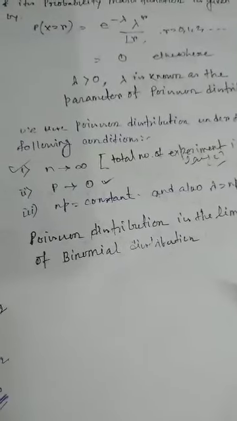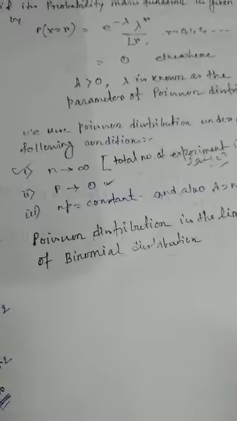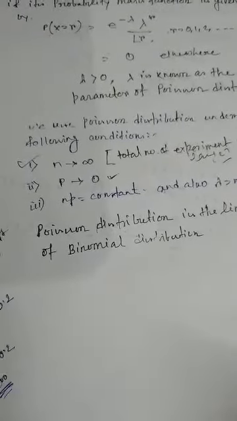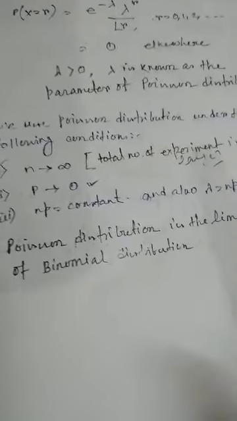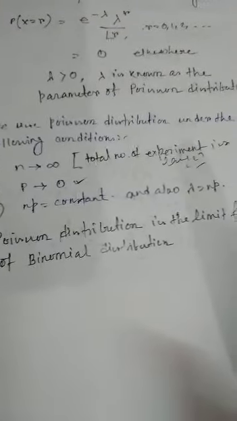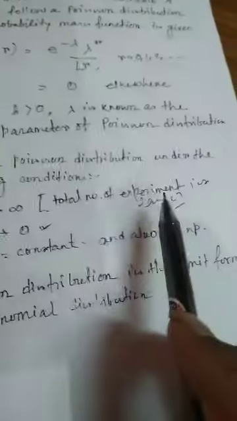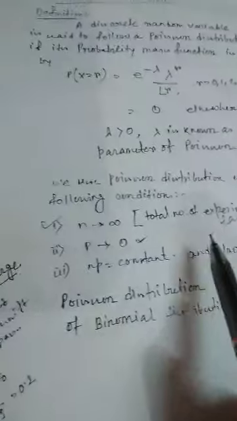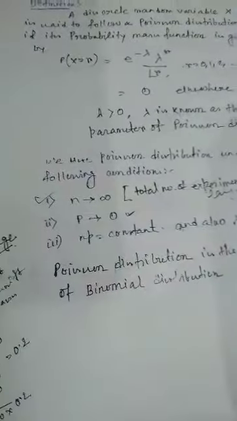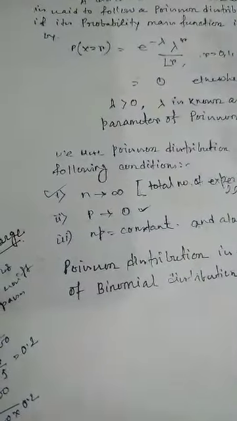when we use the Poisson distribution, suppose only two events can happen, either success or failure, happened or not happened, but the total number of experiments is very large. Number two, the occurrence of the event, that means it will happen or not, is very small.